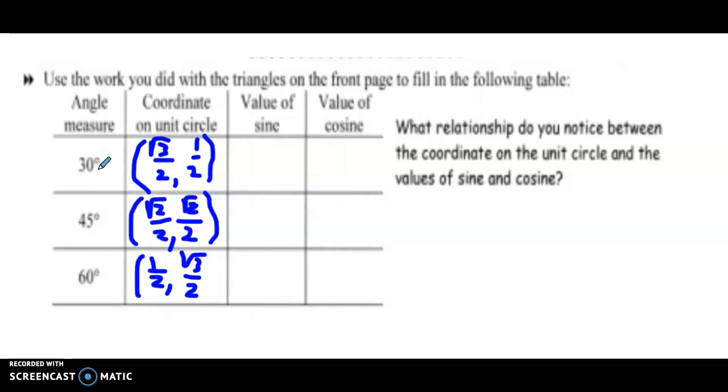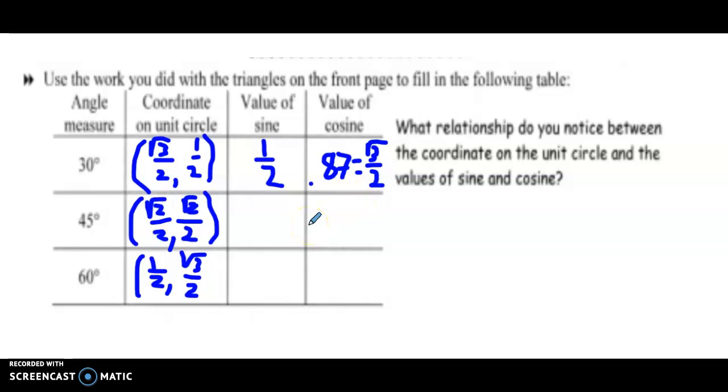Now, if you need to pause, you can, but the value of the sine of 30 is 1/2. The value of the cosine of 30 degrees, if you look at it in a calculator, is 0.87, but guess what? 0.87 is the same value as the square root of 3 over 2.